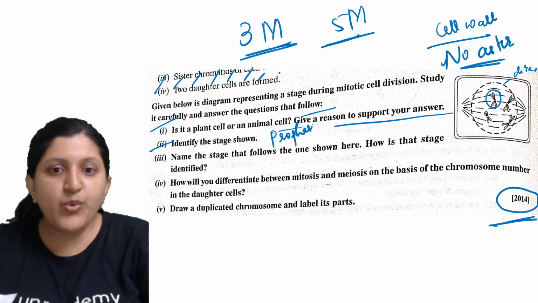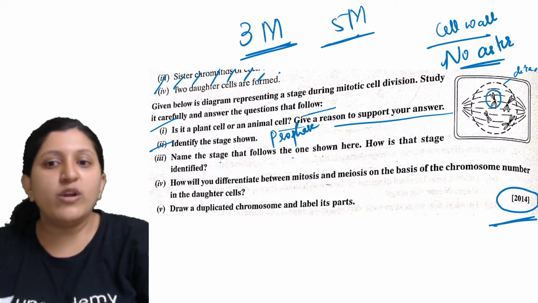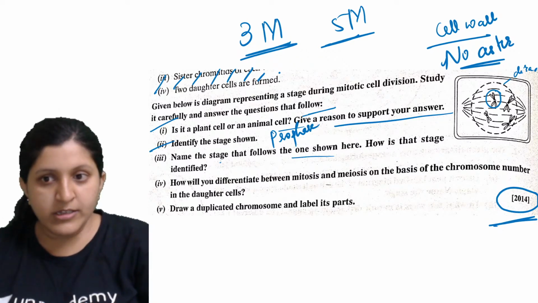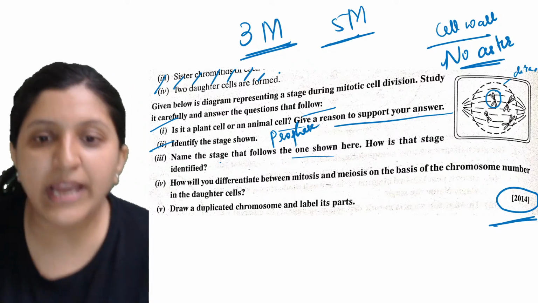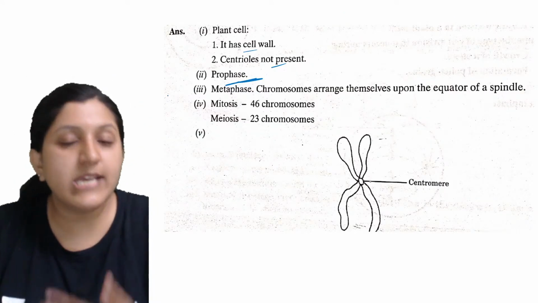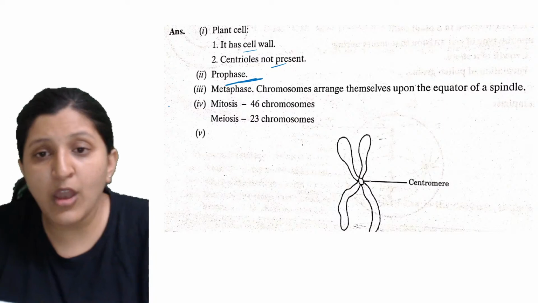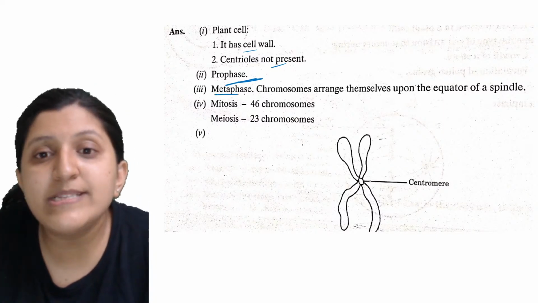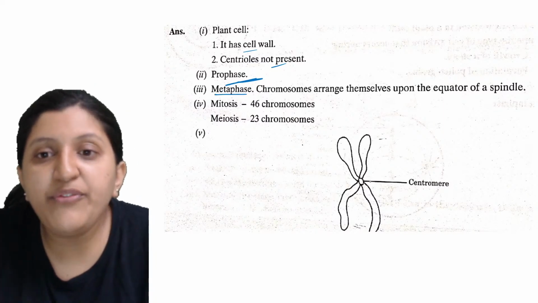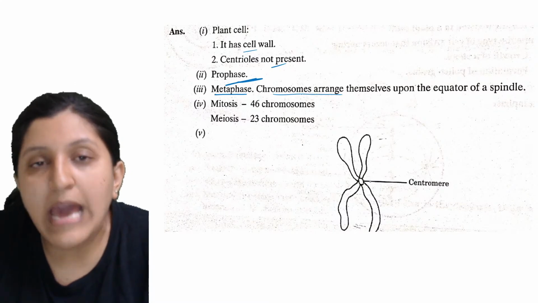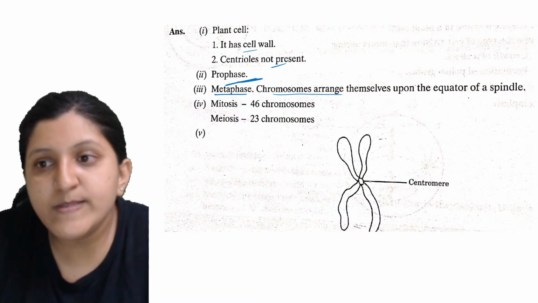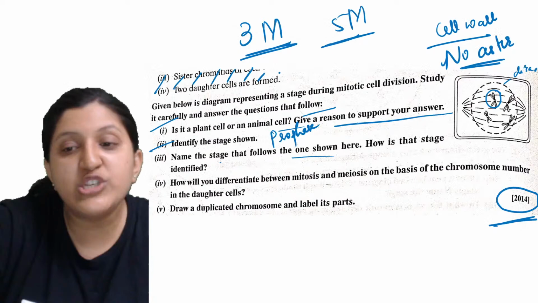The next one is: name the stage that follows the one shown here. The next stage is metaphase. What exactly happens in metaphase? In metaphase the chromosomes arrange themselves at the equator region. Which is that equator region?